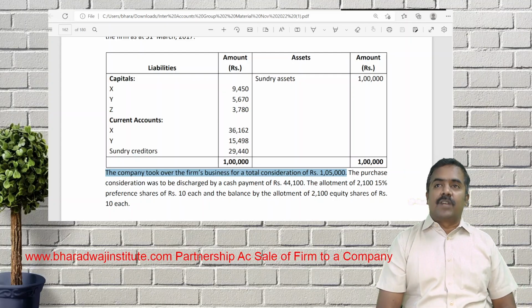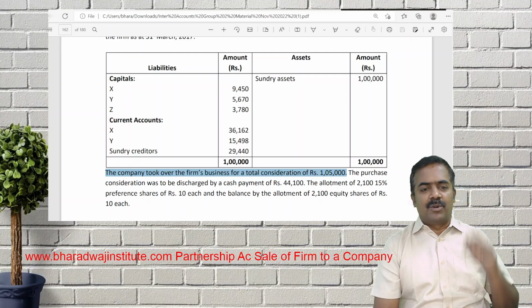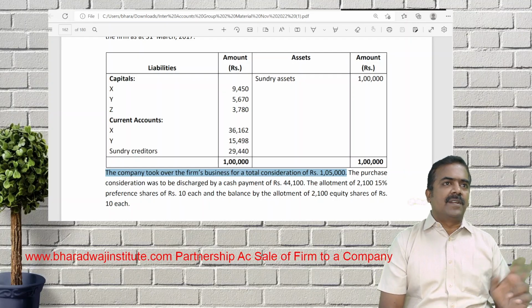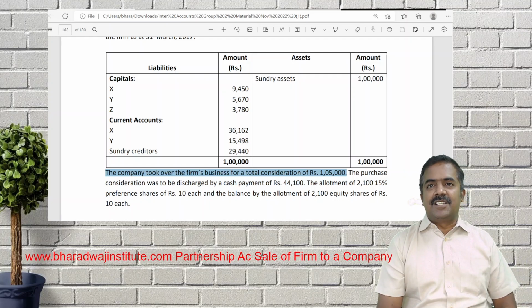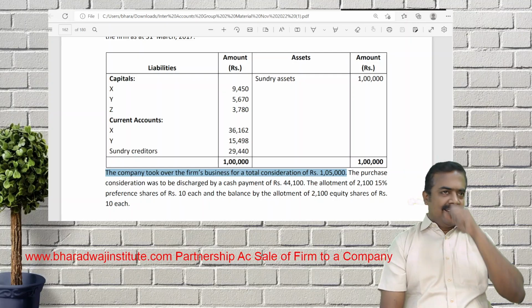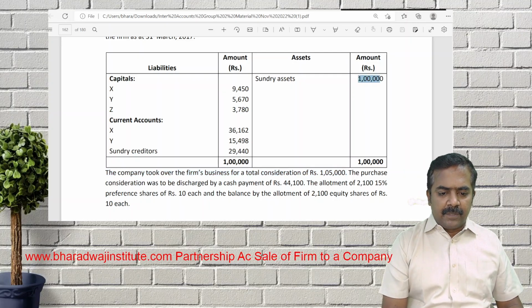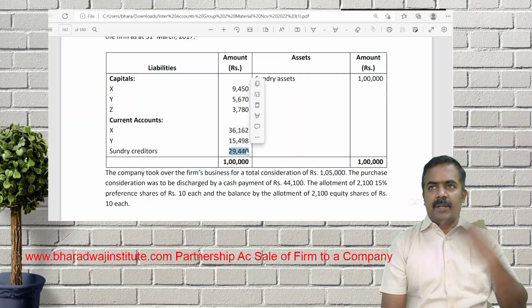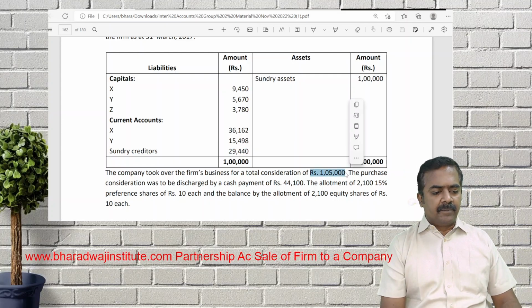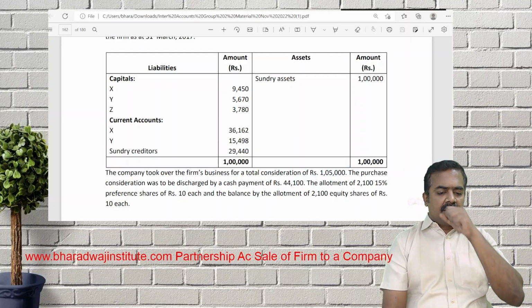What do you mean by taking over a business? Business means assets and liabilities. So the company pays the liabilities out of the assets, for a total of 1,05,000.